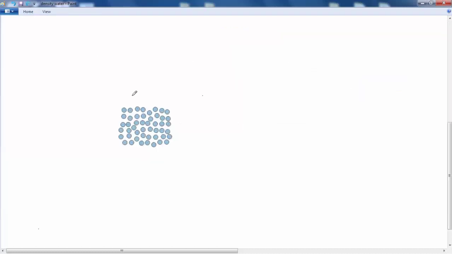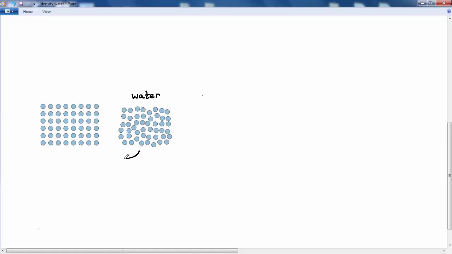So the next important thing we're going to say about water is this: when water freezes, that's to say when it solidifies into a solid, something unusual happens because its volume actually increases. We say that water freezes, and because water is such a common substance, we have a special name for water in the solid state, which is ice.